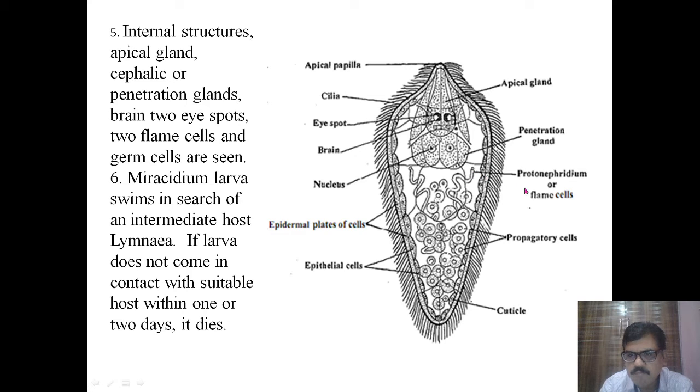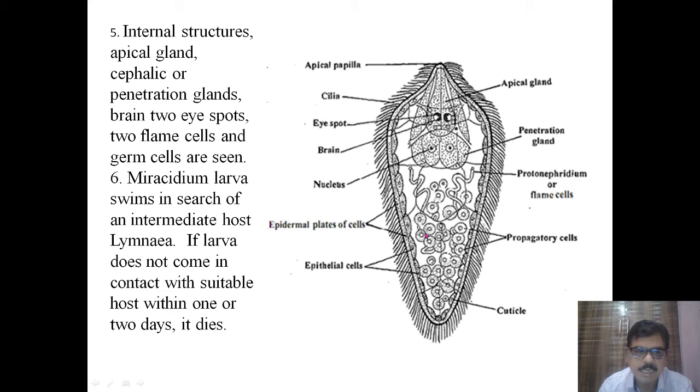These are the protonephridium or flame cells meant for the excretory purpose. And the germ cells give rise to the propagatory cells. Then the Miracidium larva swims in search of an intermediate host, and which is the intermediate host?